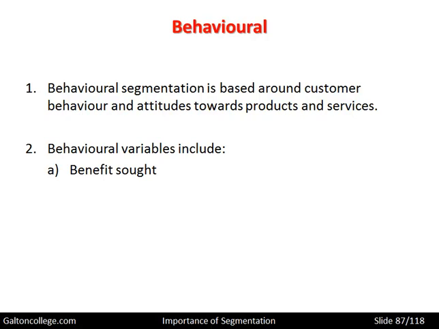So the company, in producing the product and in marketing the product, must make it clear to the consumer that there are benefits from purchasing the product and having the product. It meets customer needs. And the onus is on the marketing department to demonstrate to the customer how the product will meet their needs.